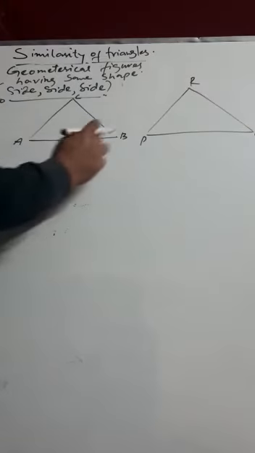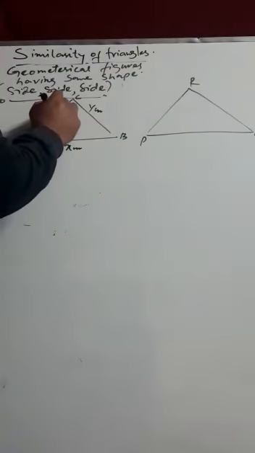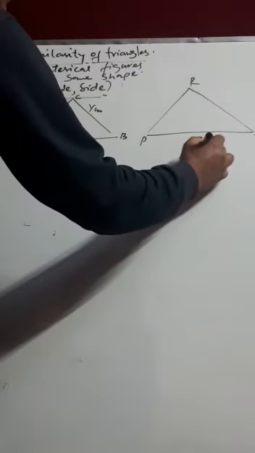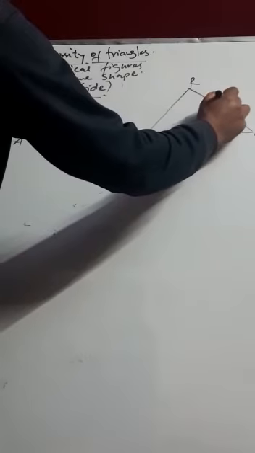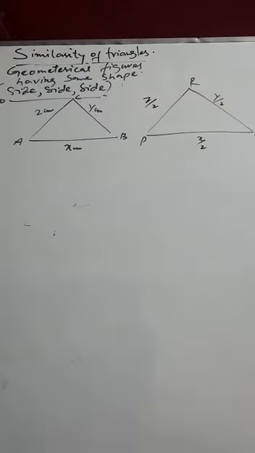Let's take AB as x centimeter of length. Let's take this as y centimeter of length. Let's take this as z centimeter of length. Let's take this PQ as x by 2 centimeter length. Let's take this as y by 2 centimeter length. Let's take this PR as z by 2 centimeter length.